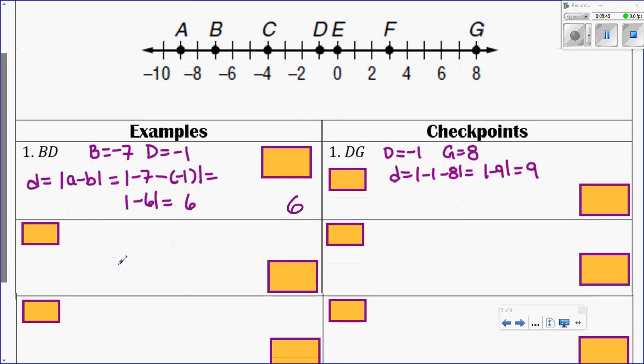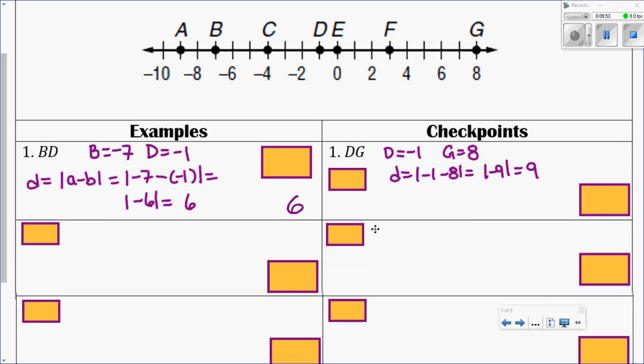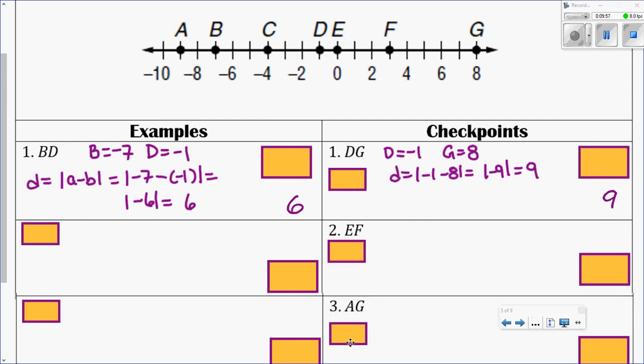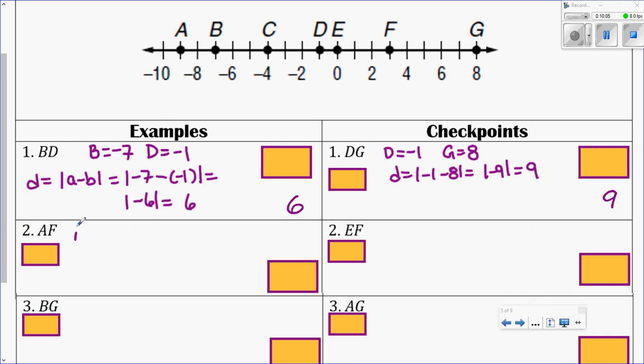Let's pull this down. I'm going to just move the others. So AF, we got A as -9, and then we have F as 3.